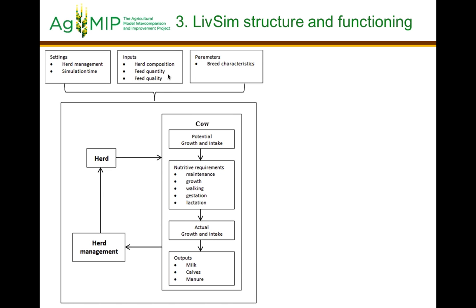Then we've got input data, particularly about the composition of the initial herd, and input data on feed quantity and quality. And then, very importantly, we have breed parameters. Just like you would have crop cultivar parameters, we also need breed characteristics for the breed that is common in the region that you are modeling.